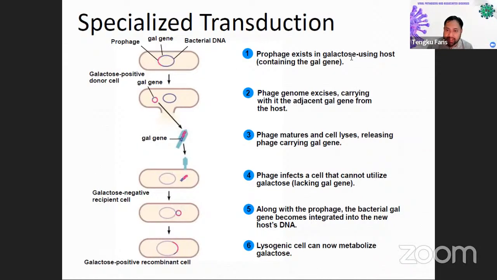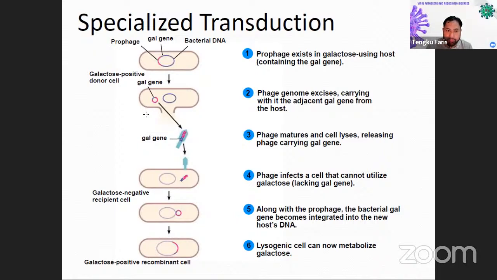Prophage exists in a galactose-using host containing the GAL gene. All right, so now this is a combination of the virus and bacterial DNA. Number two, phage genome excises, carrying with it the adjacent GAL gene from the host. Okay, phage genome excises.